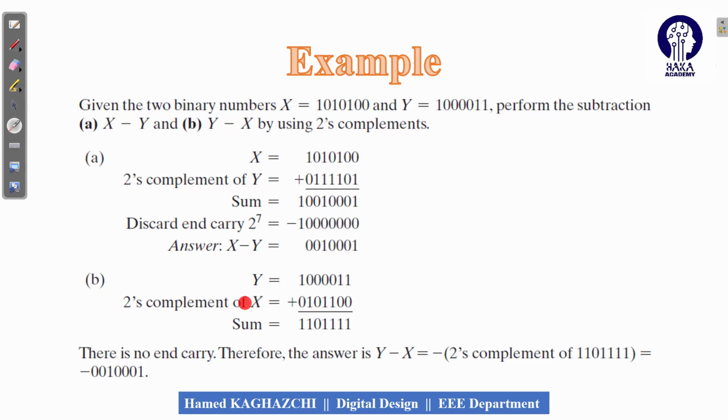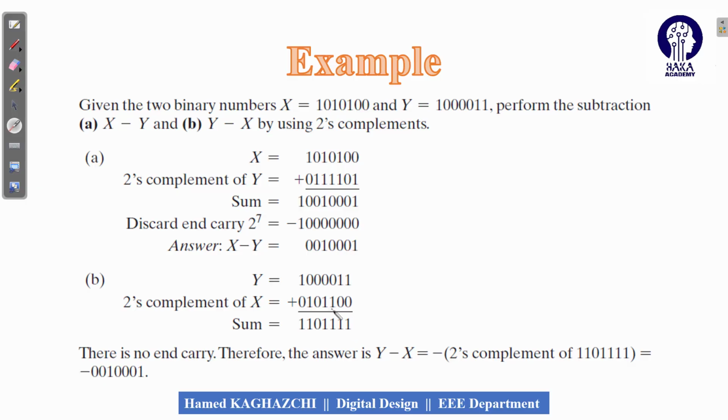Okay, let's do it. The 2's complement of x according to this number is 0, 0, 1, 1, 0, 1, 0. Now, if we add these two numbers together, we get these numbers.